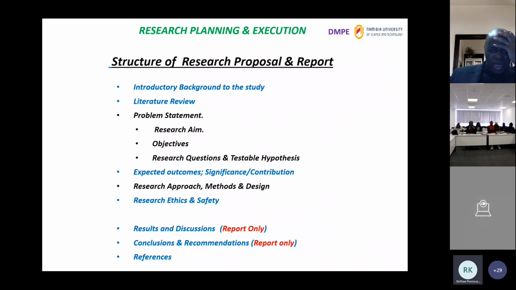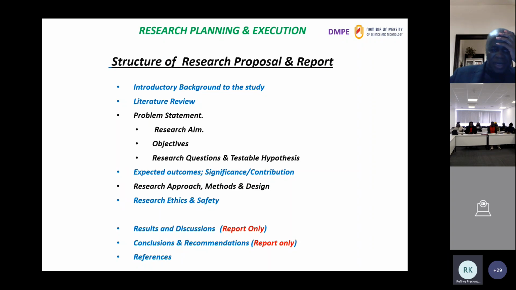Let's look at the structure of the research proposal and final project report. You need to begin the story in chapter 1, the introductory background to the study, and show your mastery over literature in the review of all the published, peer-reviewed, and unpublished anonymous papers available, and summarize them.